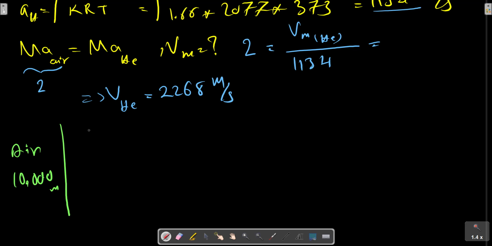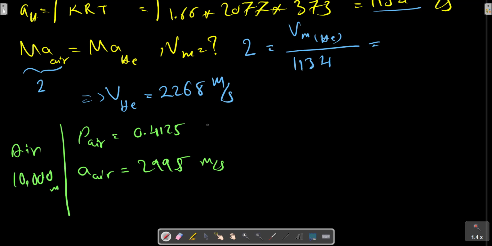For this altitude, we have density for air, A air and nu air.